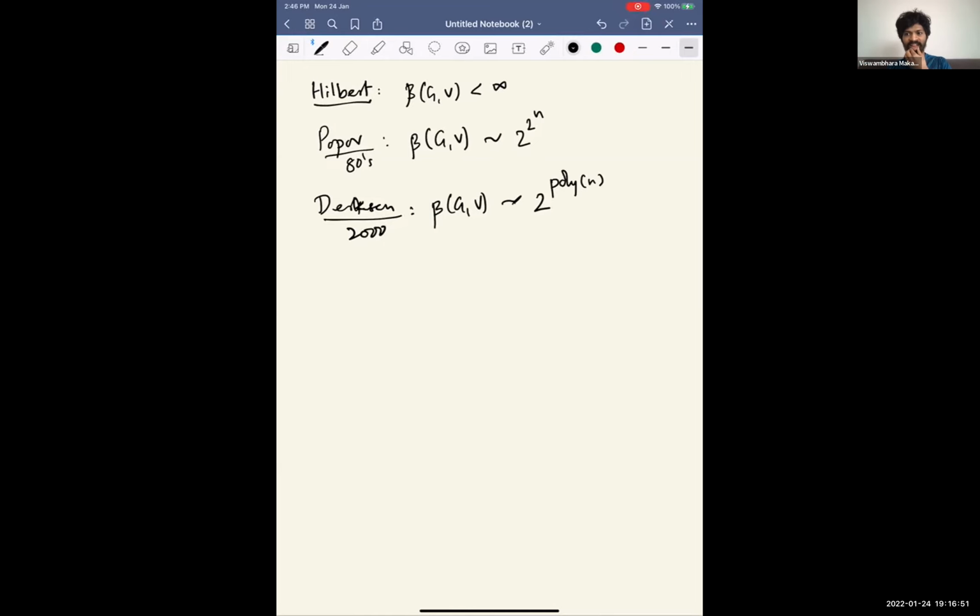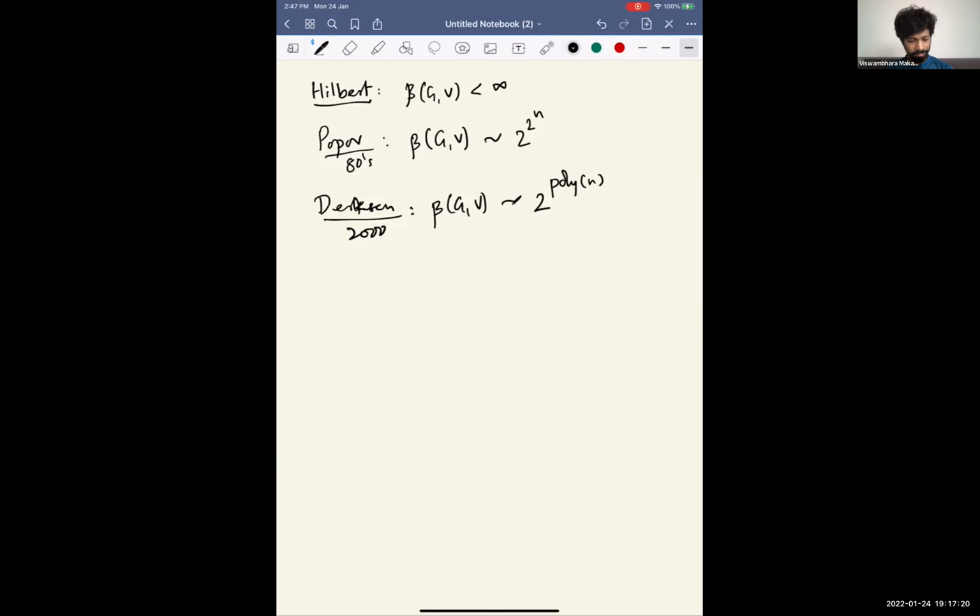I think that's the big difference between the result of Popov and the result of Derksen. Popov's result is not good enough to even have polynomial size circuits for generators, whereas Derksen's result says it is now possible, but it's also hard to come up with polynomial size circuits for exponential degree polynomials. It's not always easy to do.